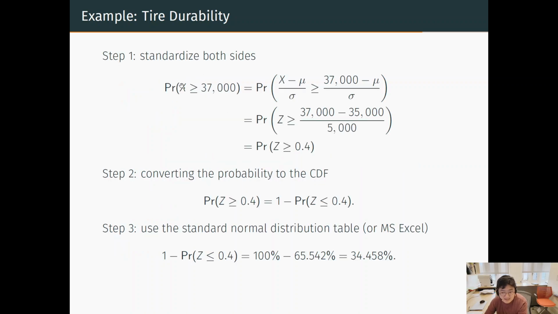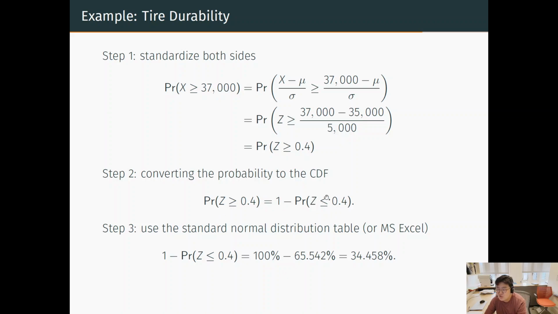Right? Standardize in the first step. Standardize x and 37,000. It is minus mean divided by standard deviation. You will get 0.4. Okay, so it is probability greater than something. So flip the inequality to have a cumulative probability.